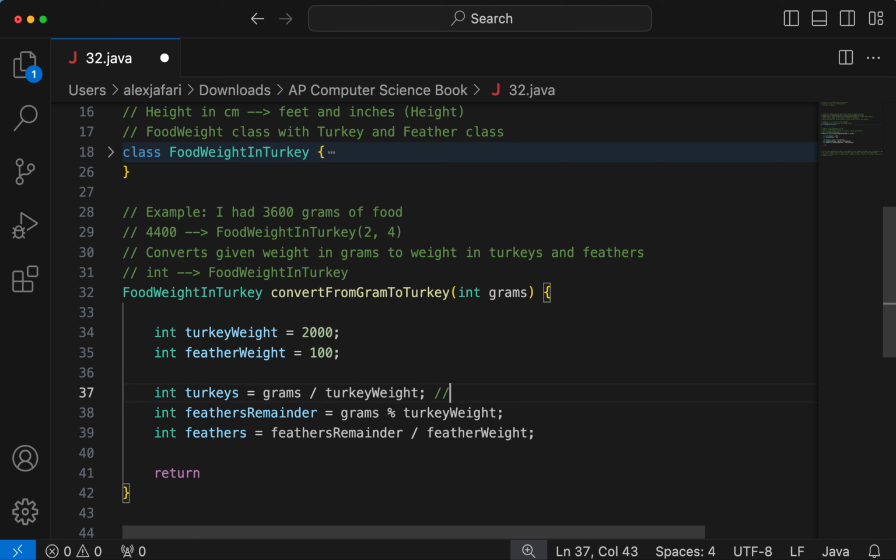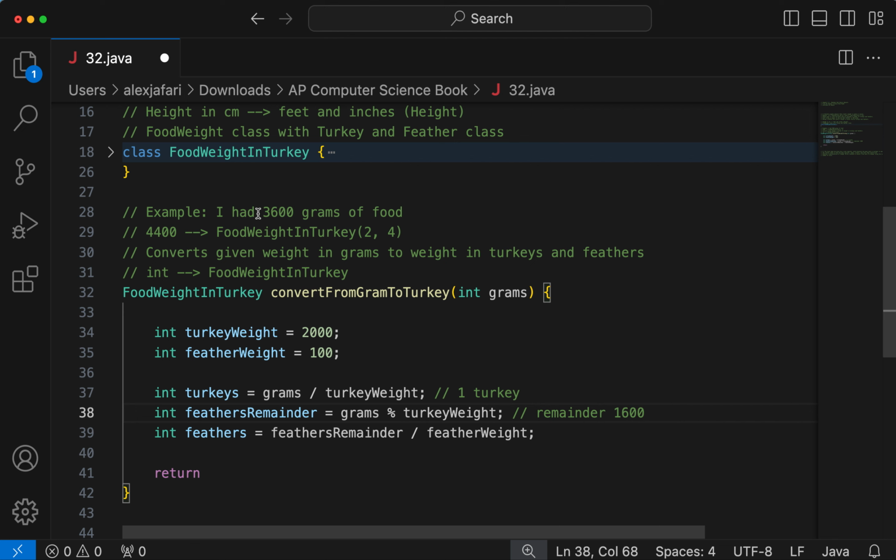Great. Then it's going to care about the remainder. So the grams being 3,600 modulo 2,000, it's going to be the remainder, which is what? 1,600, right? Does that make sense? Because 1 turkey is 2,000.